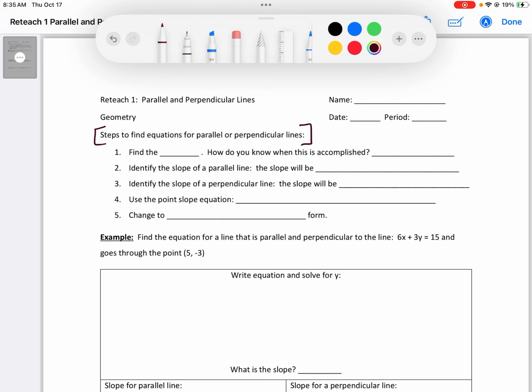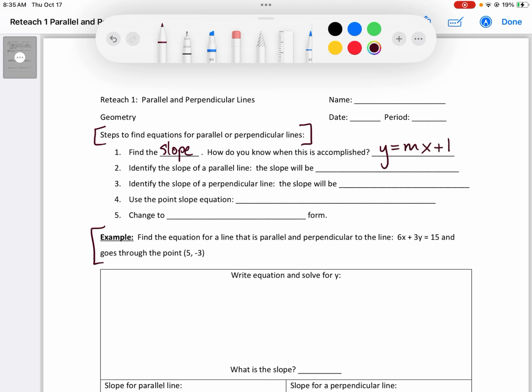When you are completing one of these equations or one of these word problems, like the example we're going to do down here, the first thing you have to do is to find the slope. And you know that you have the slope whenever you get your starting equation into y equals form.